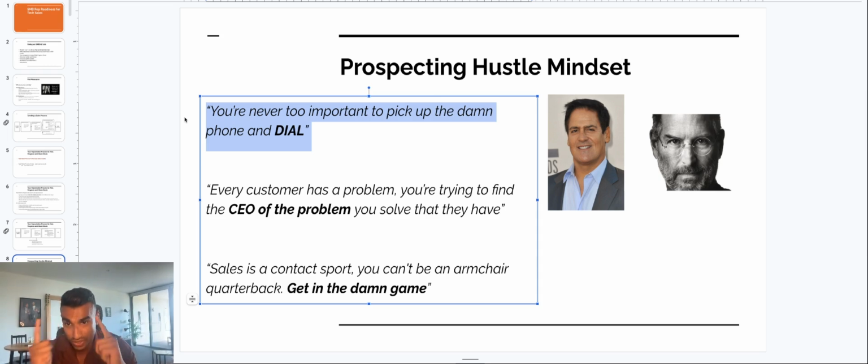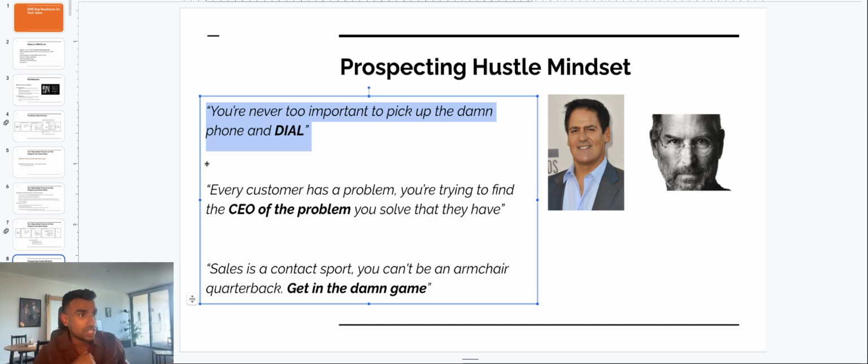The reason I shared this story and this story alone with you is because on my hardest days, I would literally have a photo of Mark Cuban on my wall, and when I felt lazy and I felt, damn, I'm too tired, I'm an account executive, I've got too much going on, I look at that photo and I said, no, I got a prospect today because I am not more important than the CEO of my company, right? I'm a sales guy, right? And if the owner of a company can pick up the phone and dial, I can pick up the phone and dial because that's what I'm being paid to do, right?